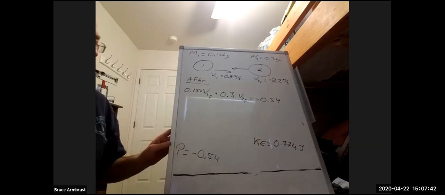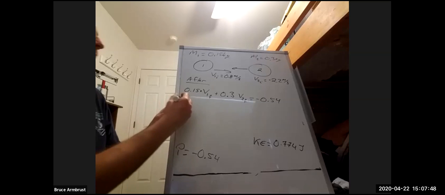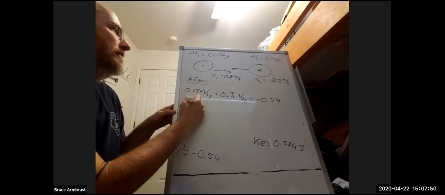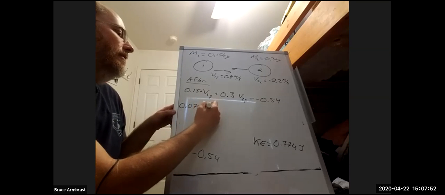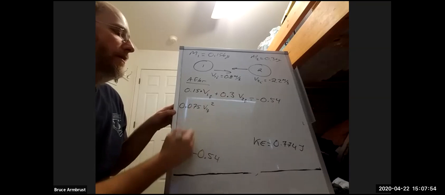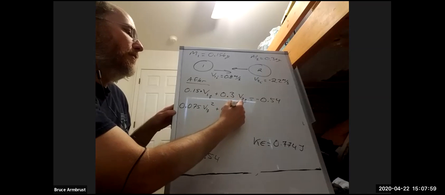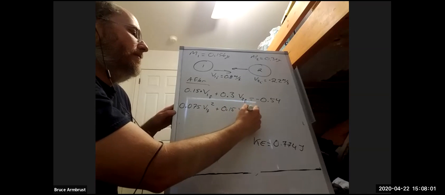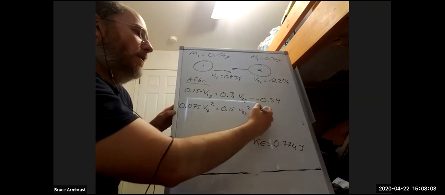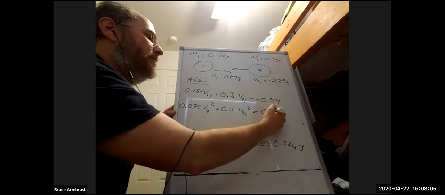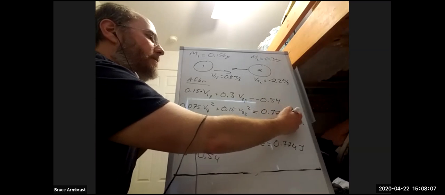We also have a kinetic energy setup. So if we take 1/2 mv squared for each of these, we're going to get 0.075 V1 final squared plus 0.15 V2 final squared, and that's going to have to equal 0.774.